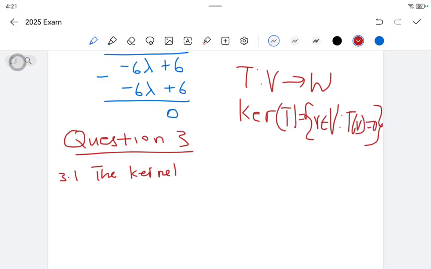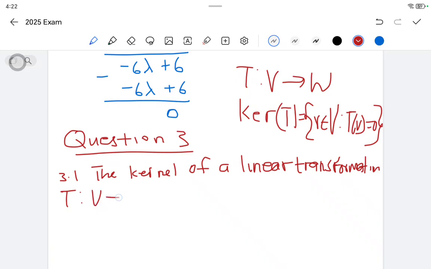We can interpret this in ways. This is the kernel of a linear transformation T, and we can say this transformation is from V to W.